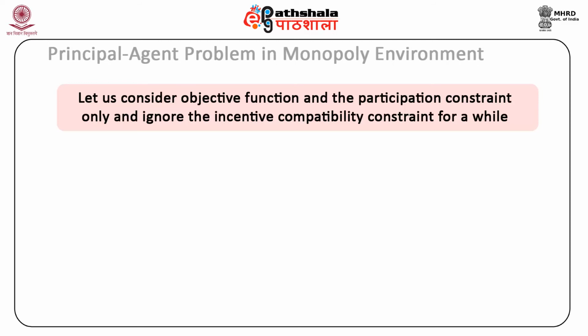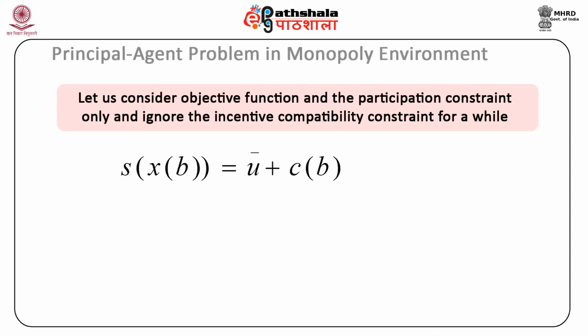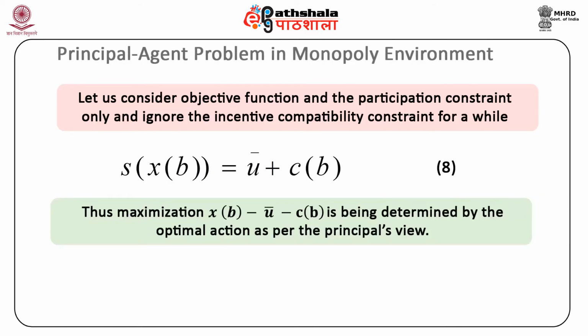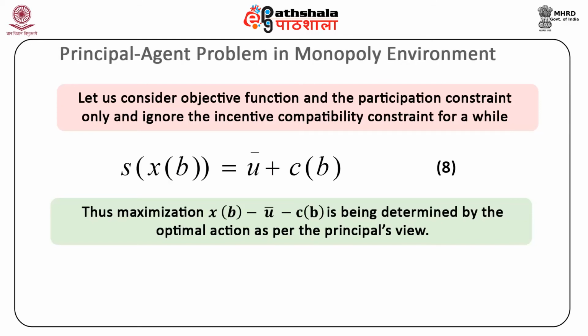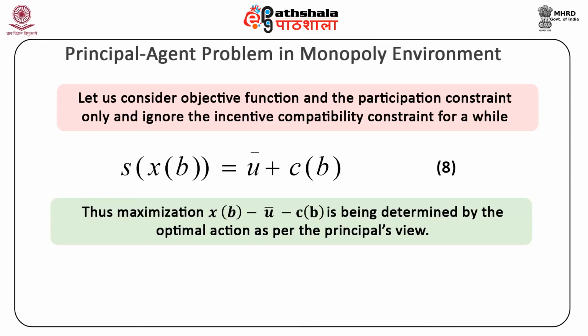We can write this mathematically as S(x(B)) equals U bar plus C(B). This is condition 8. Thus, maximization of x(B) minus U bar minus C(B) is being determined by the optimal action as per the principal's view.